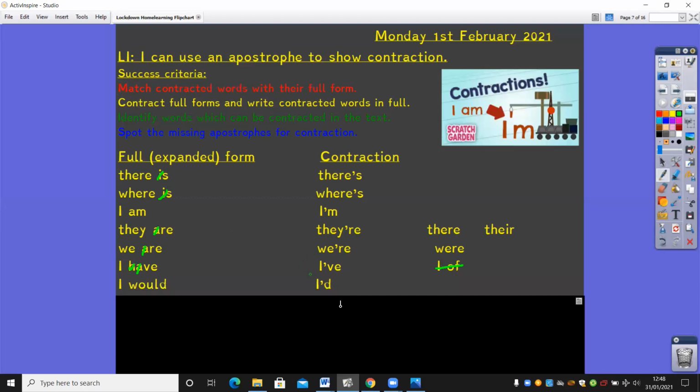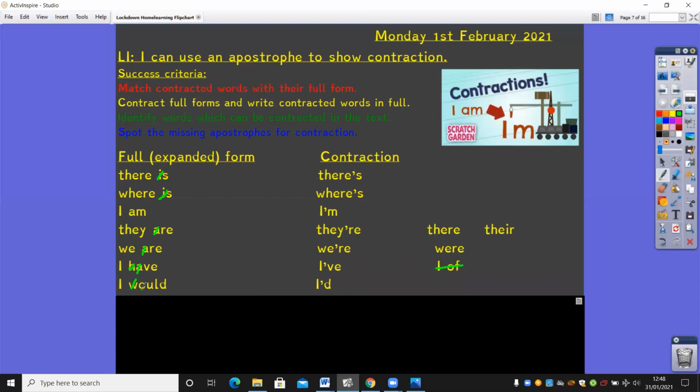Now let's have a look at this example, children. I would. And this is the contracted form. Children, can you see how many letters have been squashed out and contracted out of the word? Let's count together.